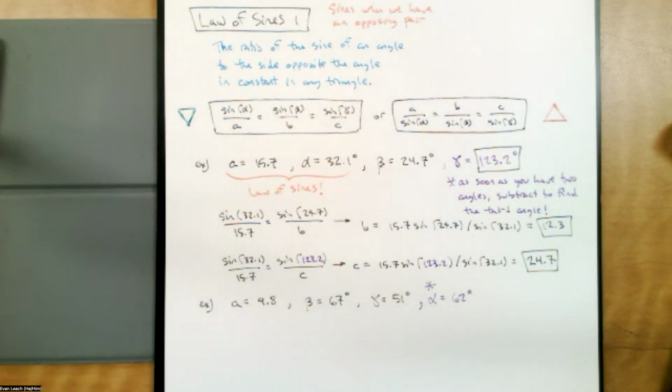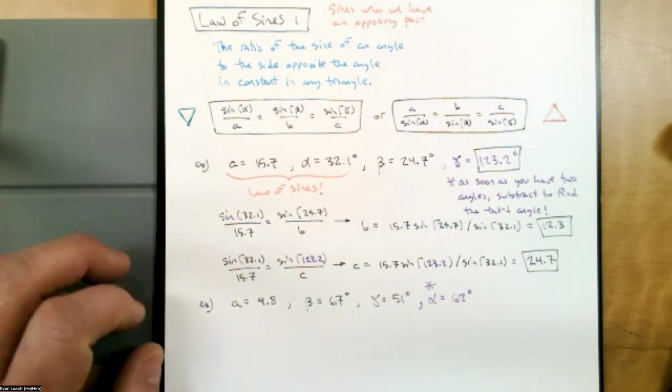We didn't start with an opposing pair, but we had two angles, and that's as good as having three angles, because that's just subtraction away from having all three angles.